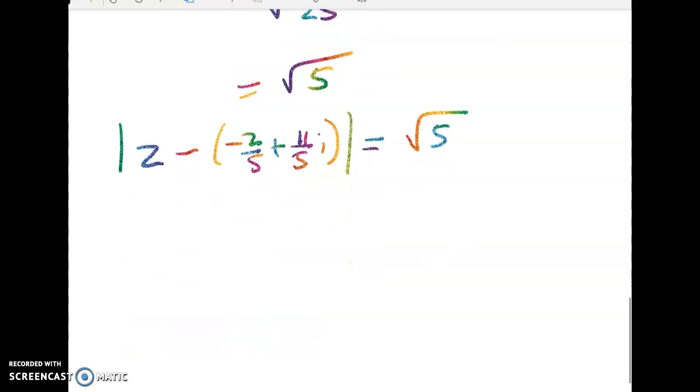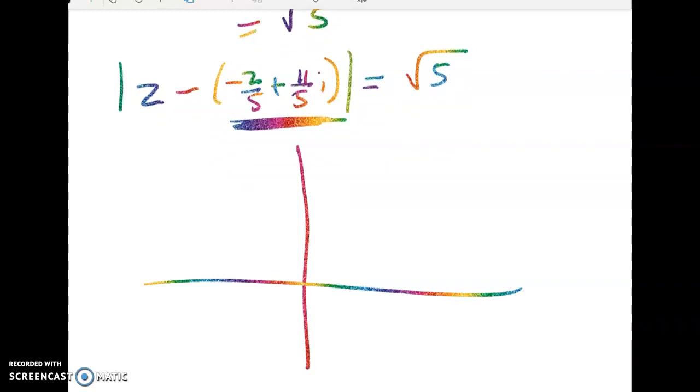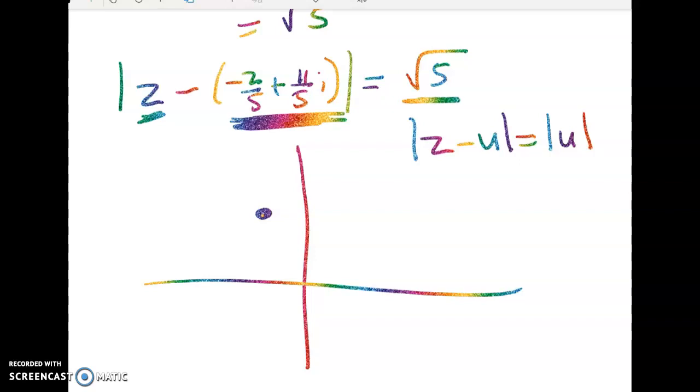is equal to this. So that's the location of a circle, and the circle is centered here. First I'm going to draw you a really bad sketch, and then I'll show you a nice one in GeoGebra. So negative 2/5 and 11/5, put the center here. Now the important thing is that it has to go through the origin, because the distance between my point and this point has to be root 5.